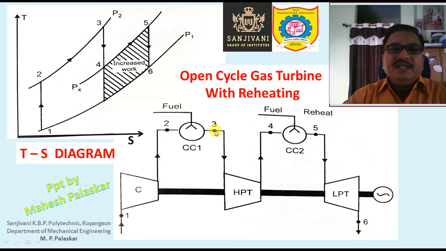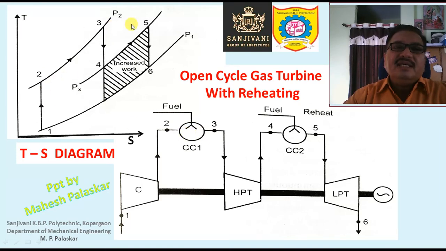Now during the process 2-3, here you can see 2-3, here also you can see 2-3, the air enters the combustion chamber and the fuel is added, the combustion of the fuel takes place in the combustion chamber, and thus heat is added to the air during the process 2-3.